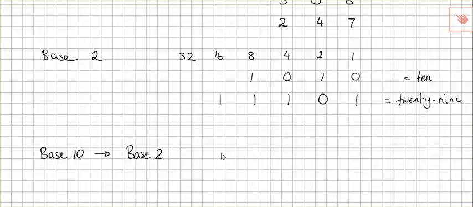So if I asked you for number 53, let's try and work out 53. You would put 1, 2, 4, 8, 16, 32, 64, and then we stop there. We don't need the 64, do we? So we can now forget about it. So we do have a 32.